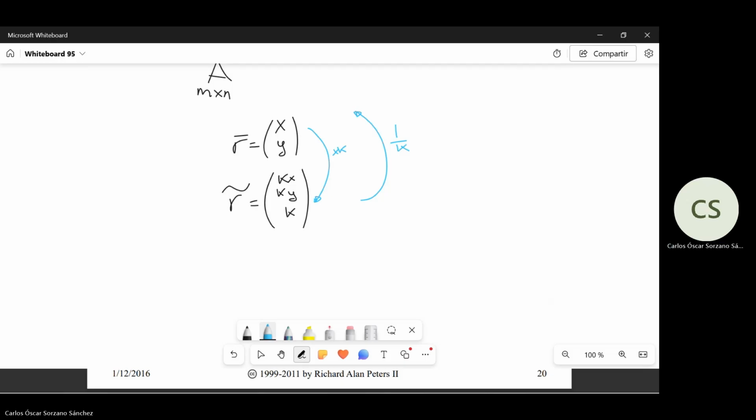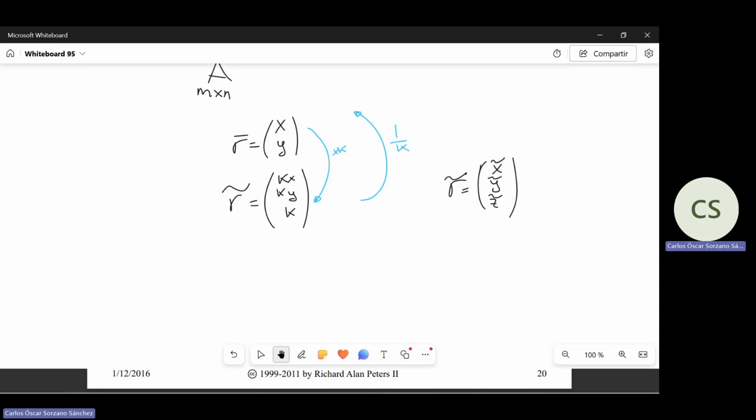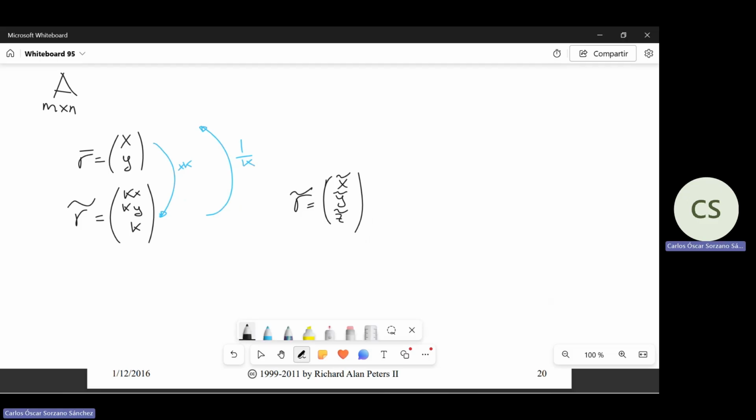So let's say that I have a homogeneous coordinate called x, y, z, and I want to know what is the standard, normal coordinate.